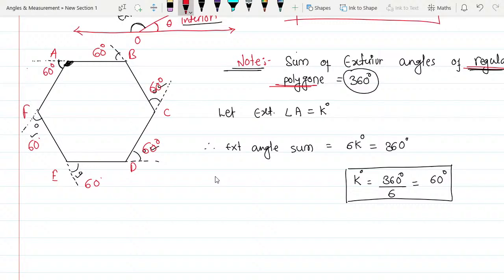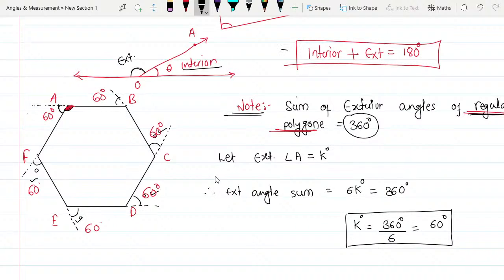If this is 60 degrees, can you give me what the interior angle is? How much will be the interior angle? Please comment. We know that the relation interior plus exterior is always equal to 180 degrees.